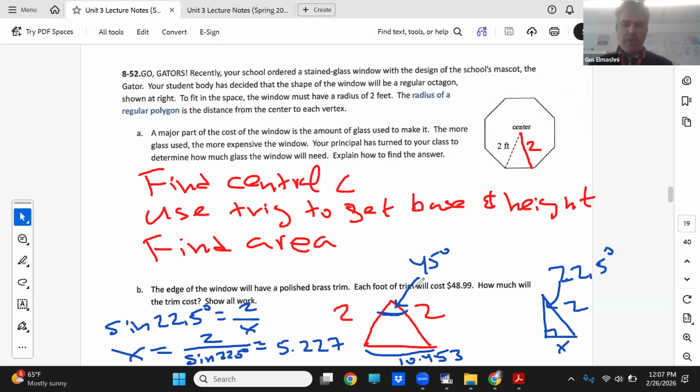And it's saying each foot of trim. So if you think about it, my perimeter is what I need. My perimeter is going to be 8 times that length, and then multiplied by the cost per foot.